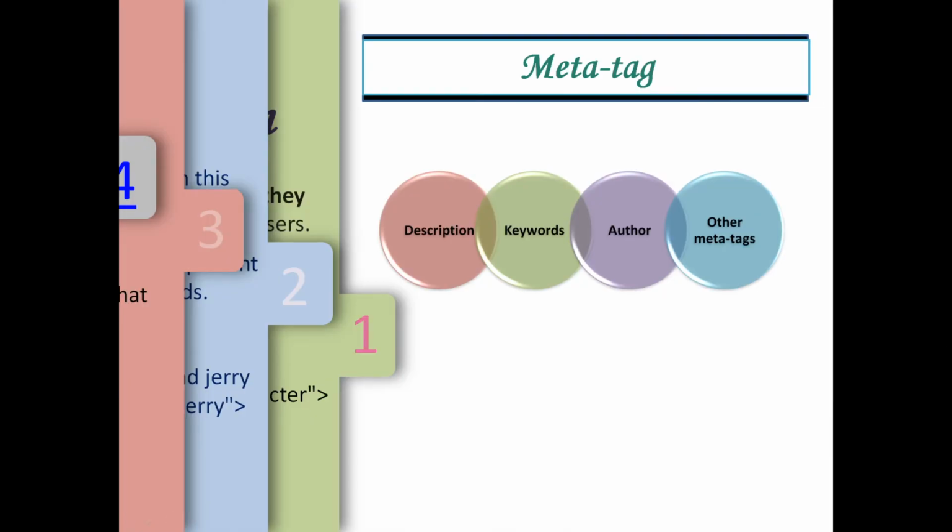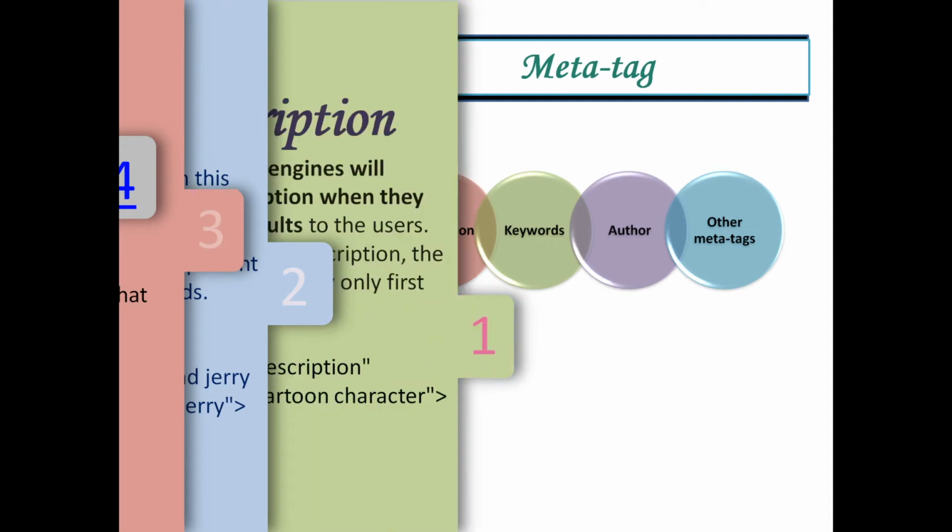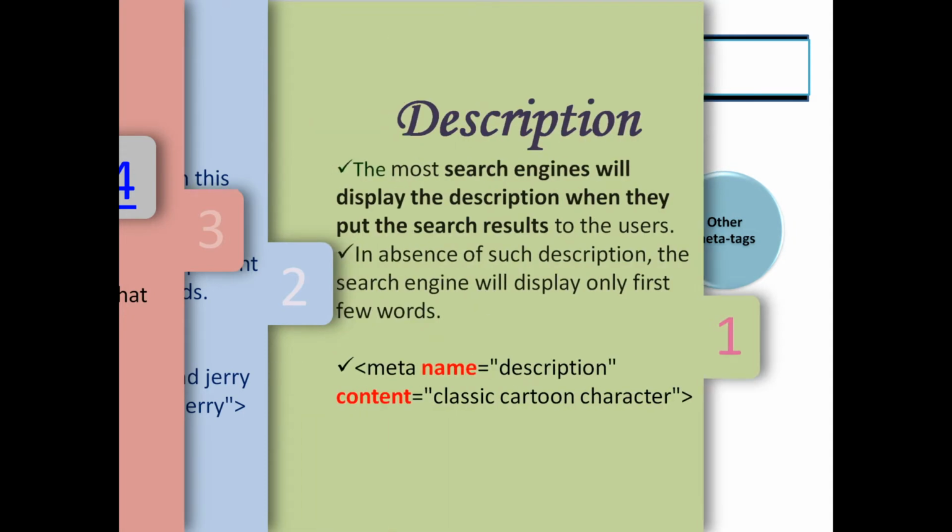Here we will study additional types of meta tag, that is description, keyword and author. We will also cover additional meta tags like HTTP equivalent. We will start with description. Most search engines will display the description of different web pages when they put up the search result.